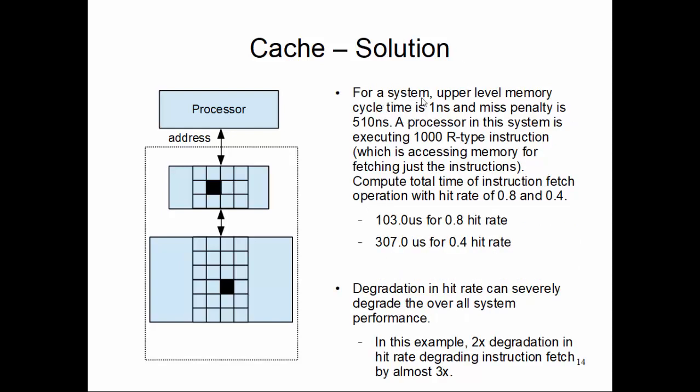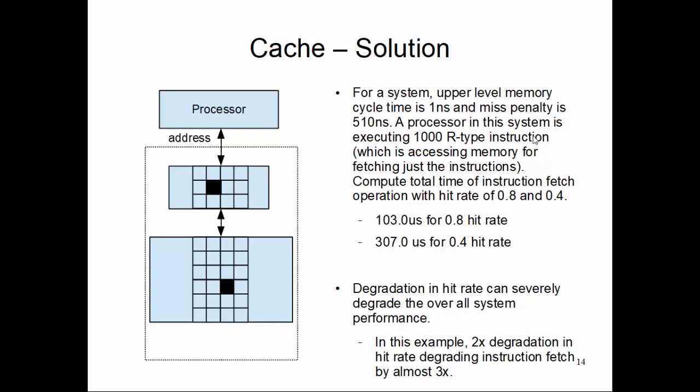For a system, the upper level memory cycle time is 1 nanosecond, meaning the processor gives a request, and after 1 nanosecond your data is ready if the data is present in the higher level of memory. But the miss penalty is 510 nanoseconds. So this is the time it needs to copy the block from the lower level memory to the higher level memory.